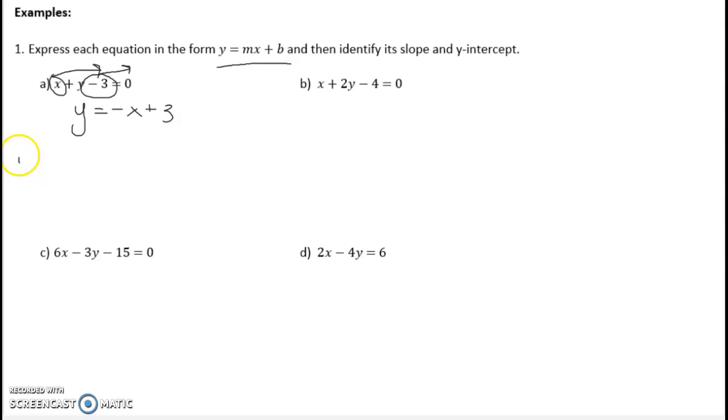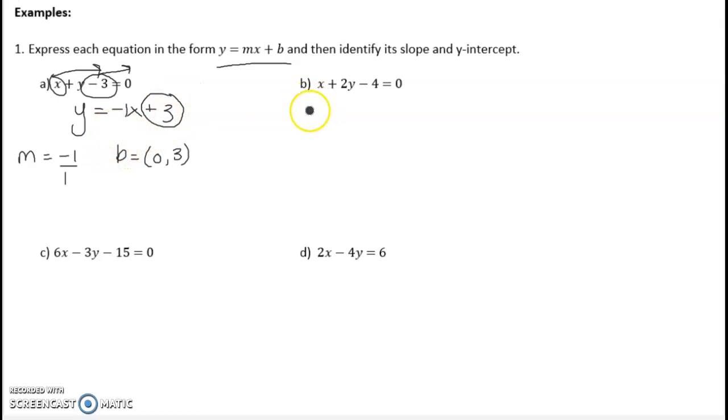So now we have our slope that's represented by m, and that is the number in front of our x. So in this case, there's nothing there, so it's a 1. So it's negative 1, and since nothing is underneath it, there's a 1 underneath. And then our y-intercept is our b, and that is when x is 0 and y is positive 3, because this is a positive 3.